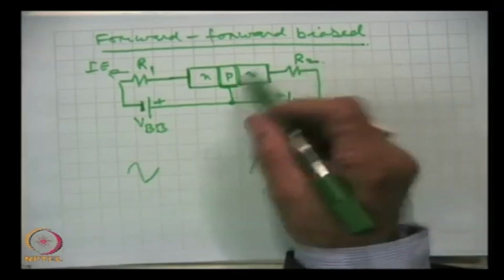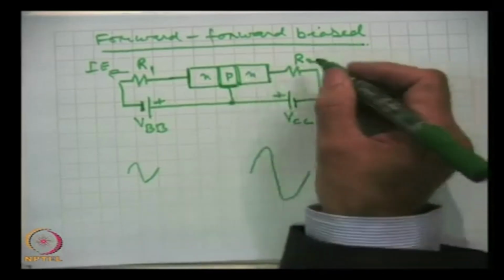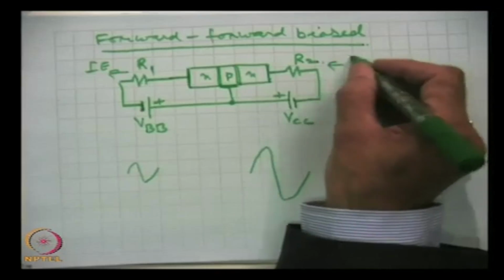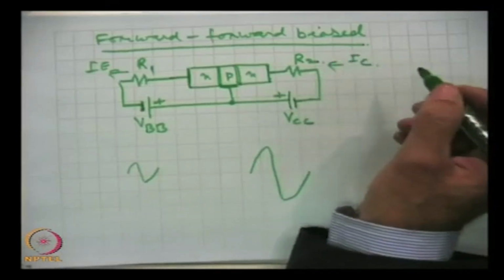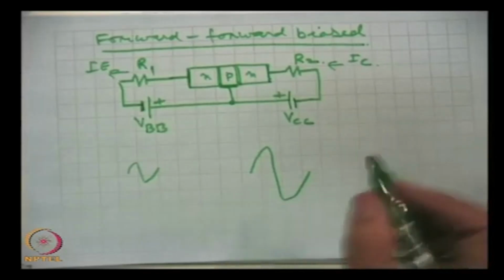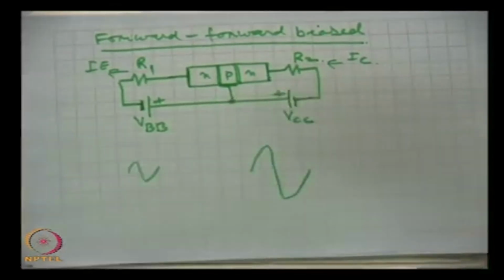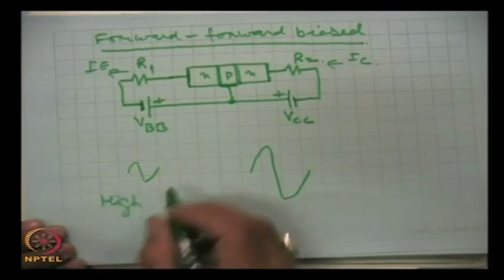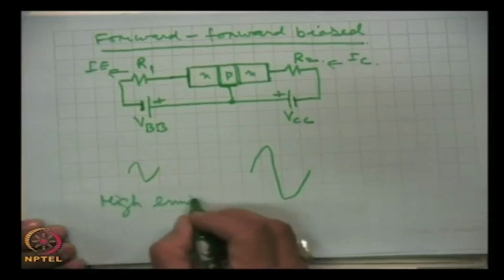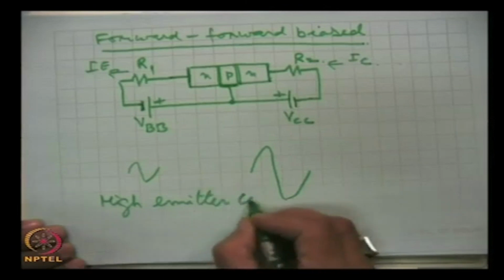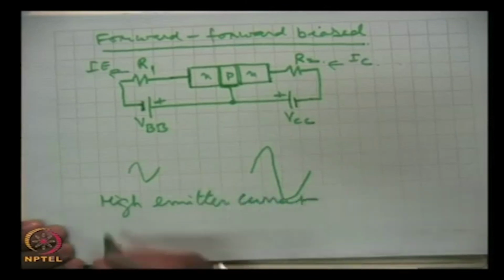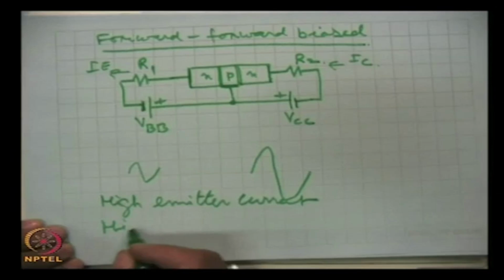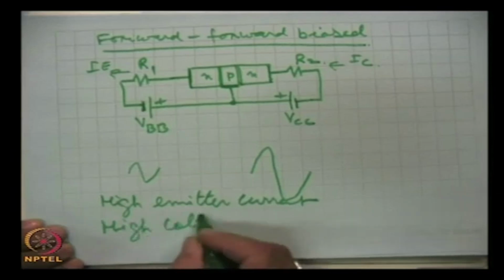So, heavy current will flow. So, this will be a heavy I C. So, what do we get in this forward bias? High emitter current and high collector current.